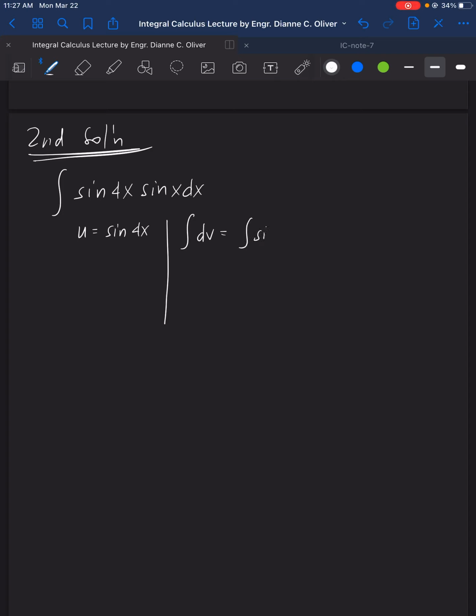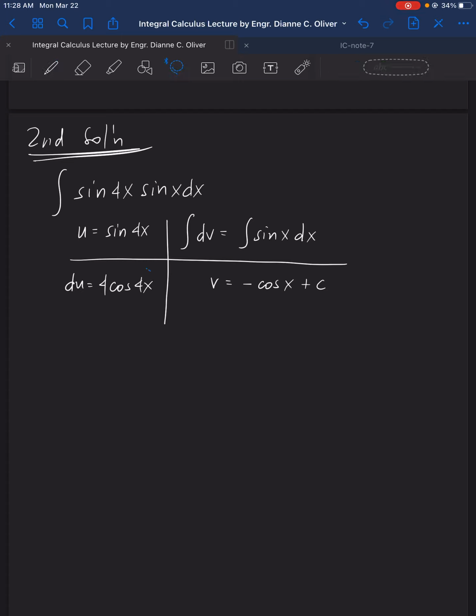Becomes integral of sine x dx. Then the integral for sine x is, this v is equal to negative cosine x plus c. du here is 4 cosine of 4x dx. So 4 cosine 4x dx.